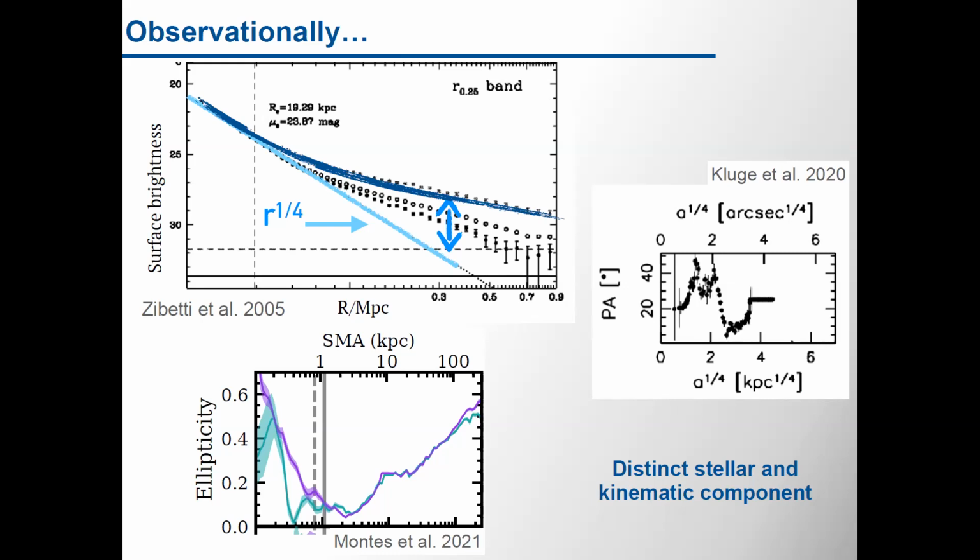This light also shows an increase in ellipticity with radius, and sometimes it changes the position angle. So basically, the intracluster light is a different stellar and kinematical component of galaxy clusters. It's linked to the BCG, but it's not the same thing as the BCG.